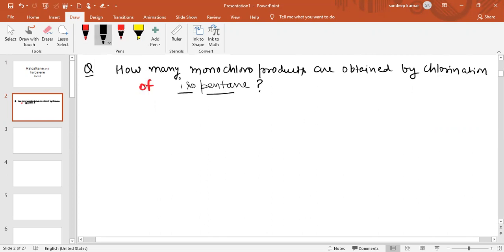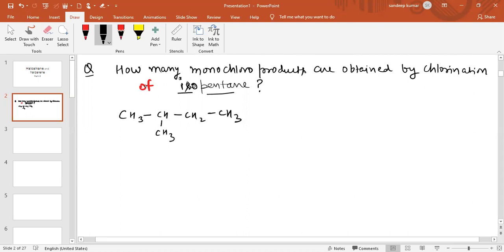This is isopentane. Now first draw the structure of isopentane. So what is the structure of isopentane? This is CH3, CH, CH3 and CH2 and CH3.